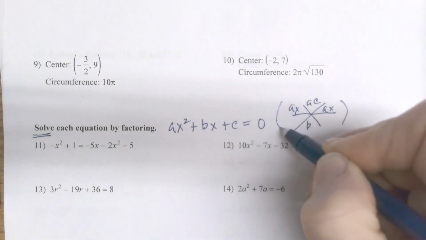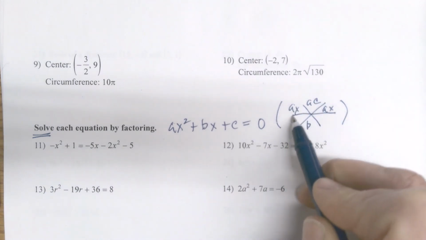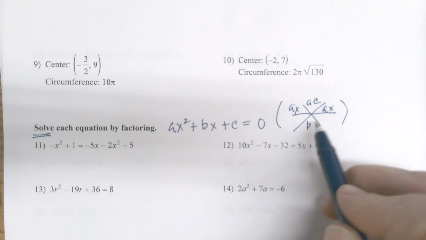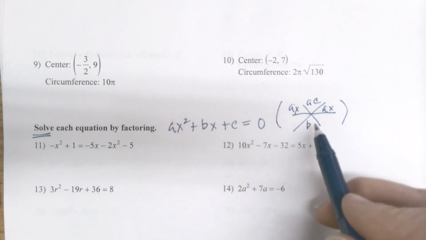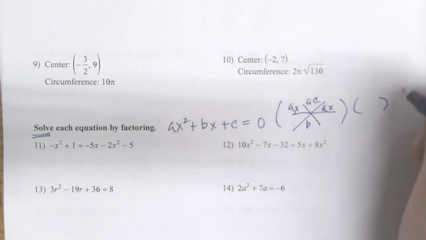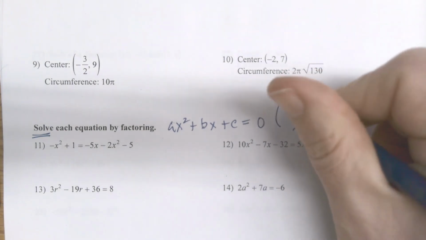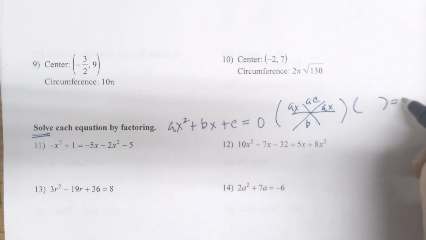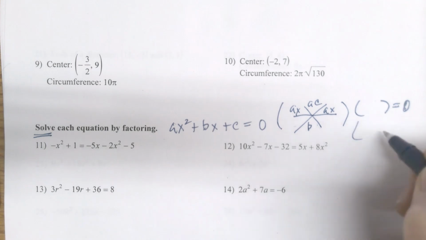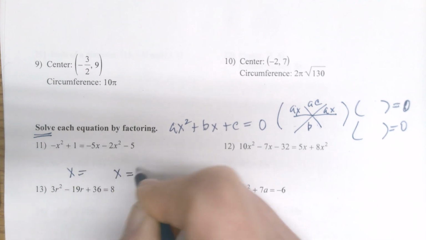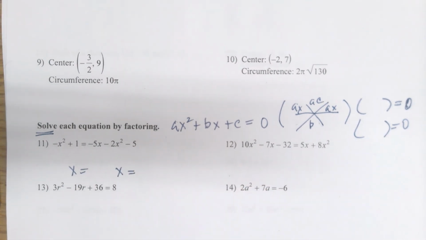You'll do some simplifying there, but you're looking for two numbers that multiply to be the top, add to be the bottom. Each of those things that you get goes in parentheses, and sets up two little mini equations that you have to solve. So you're going to get two answers, x equals something and x equals something else.